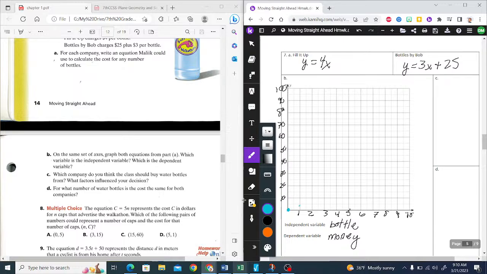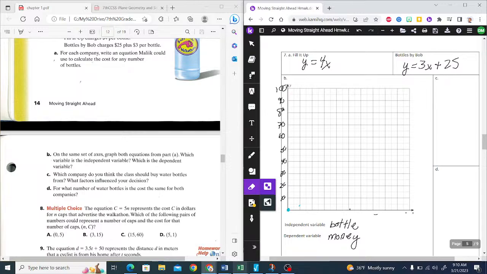Wait a minute. If I keep going up 4 over 1, that's going to be a very slow rise. Let's not go by ones. Let's pick a different number for the bottles. Actually, to get up to 100, I need 25 bottles for this one.